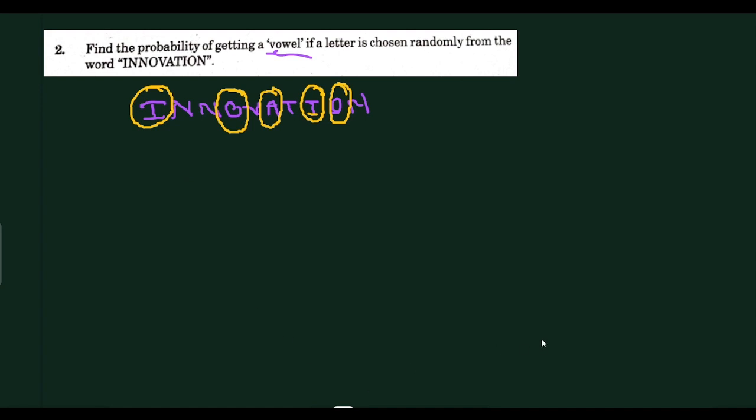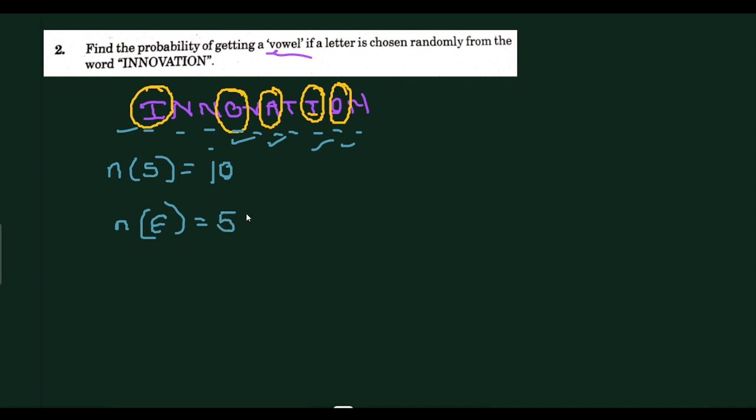Now let's write two sets. Let's write the total number of elements, that means n(S). What are all in the sample set? We have 1, 2, 3, 4, 5, 6, 7, 8, 9, 10 letters, so n(S) is nothing but 10. What about the probability of getting vowels? How many vowels are there? 1, 2, 3, 4, 5.